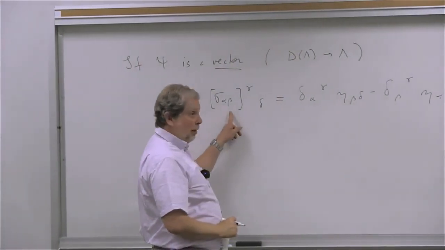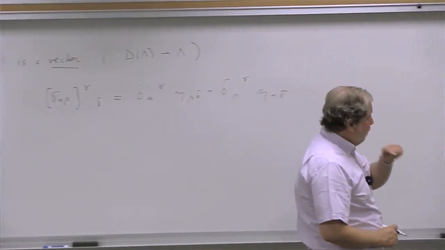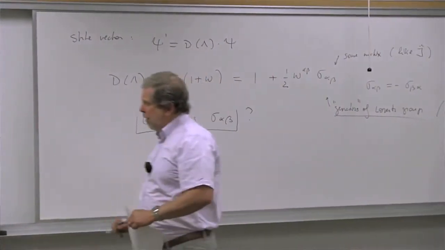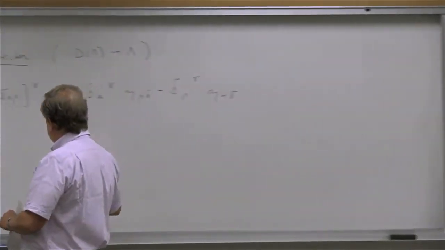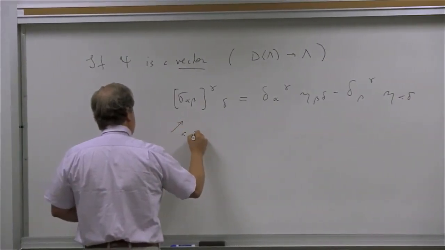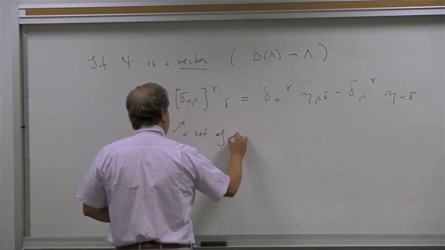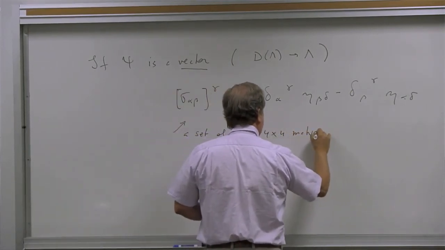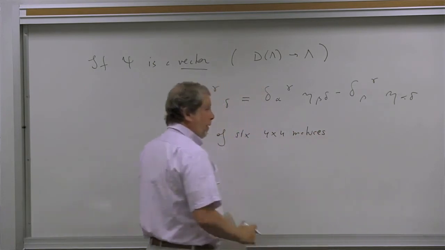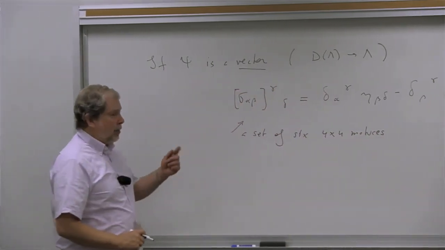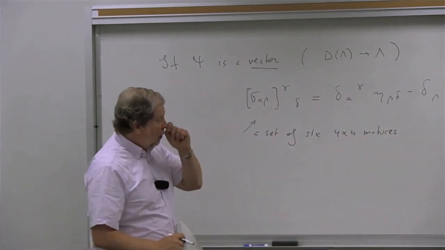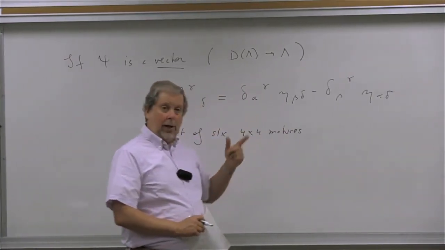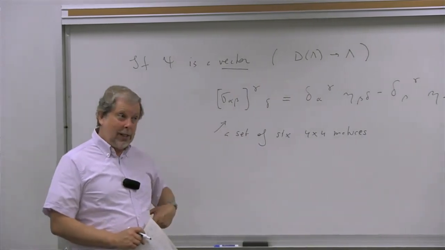Because these matrices are 4 by 4 in this case, so this is a set of 6 4 by 4 matrices. One gets this by just using that expression and putting it in the Lorentz transformation product rule. It looks complicated, but in fact it's easy to work out.